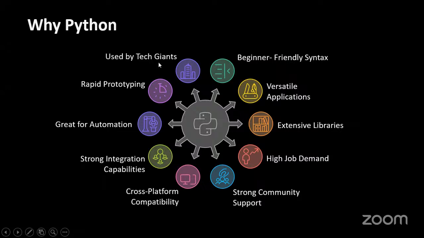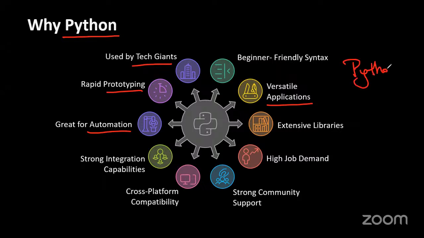It is used by top tech giants. For building versatile applications, we use Python. For rapid prototyping and automation, we have only one solution, that is learning Python. That is why we focus more on Python concepts, on core and advanced topics.